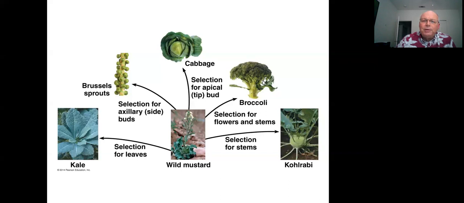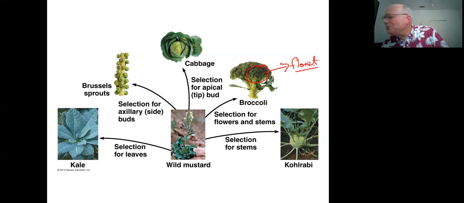You may not know this, but one of these broccoli areas, let me highlight this with my pen again. So one of these things is called a floret. In fact, you may have seen that name used in the supermarket. So floret, flowers.